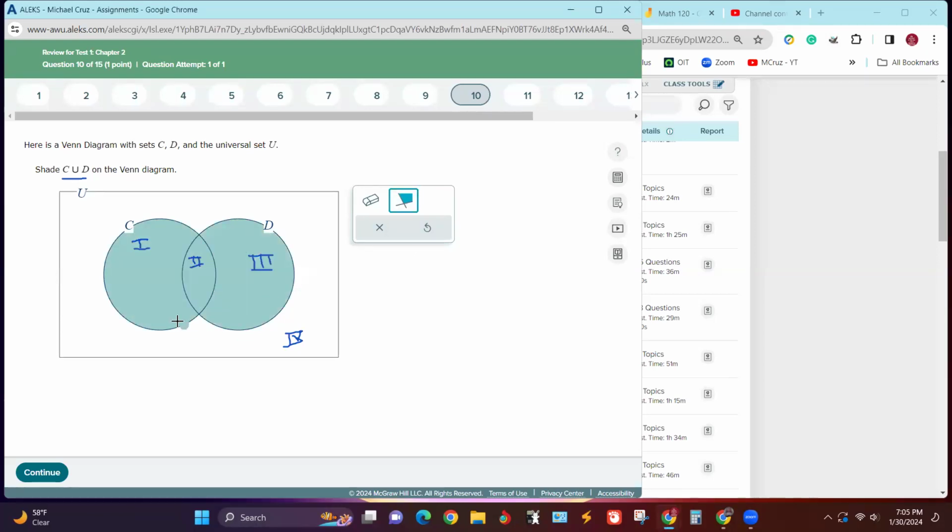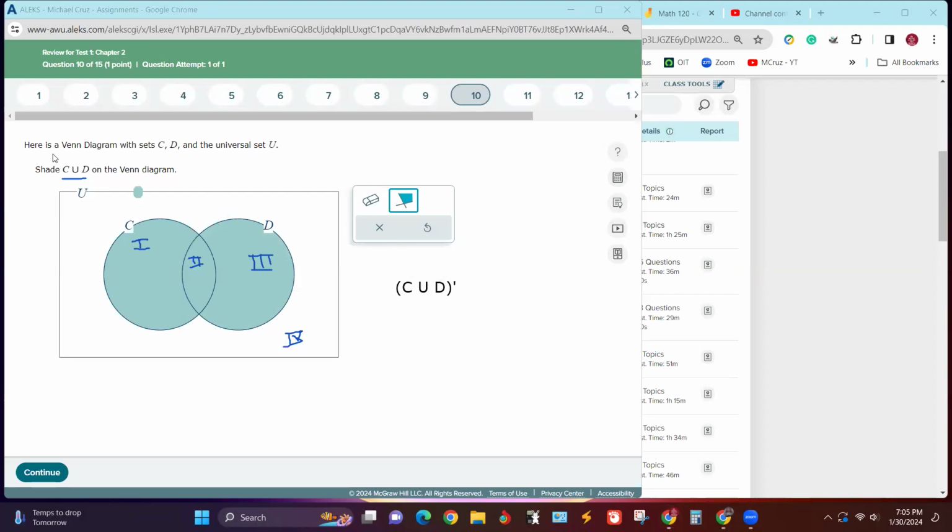Okay. Now, let me just give you another scenario here. Let's say we had C union D, complement. Then what would be shaded in this case? Everything outside of C and D? Region 4? Yeah, it's called region 4.